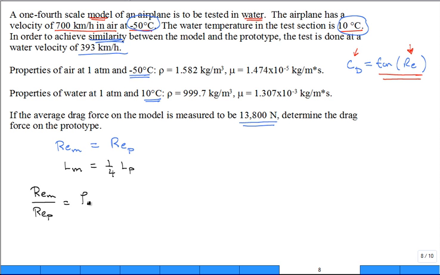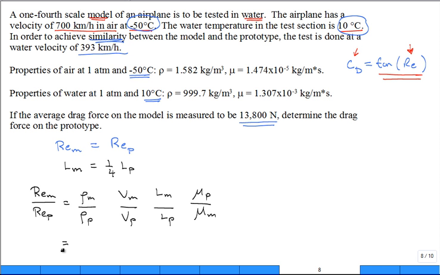Okay. So what is my definition of the Reynolds number? Rho of the model, V of the model, some length scale of the model, viscosity of the model. How about of the prototype? Rho of the prototype, velocity prototype, length scale prototype, viscosity prototype. Okay. So we'll try to stick in some numbers.